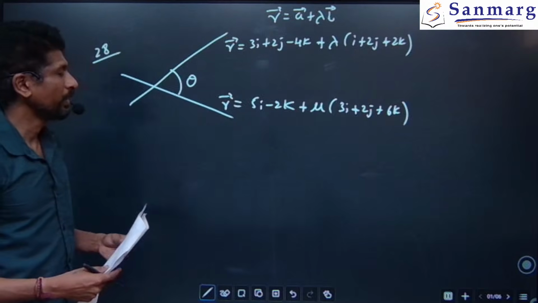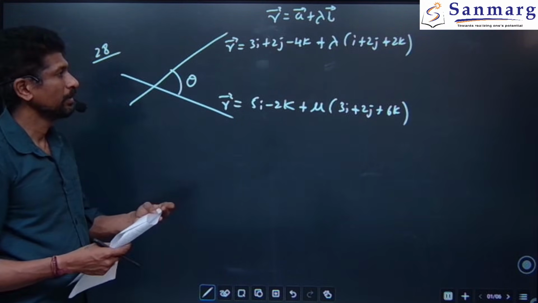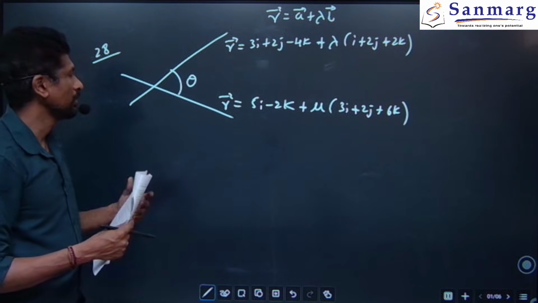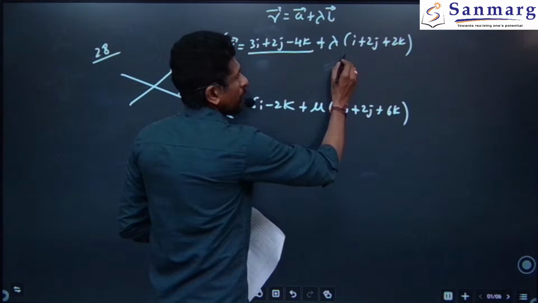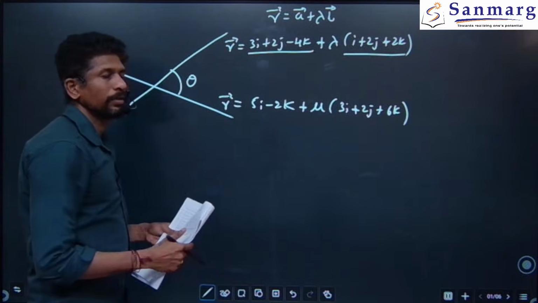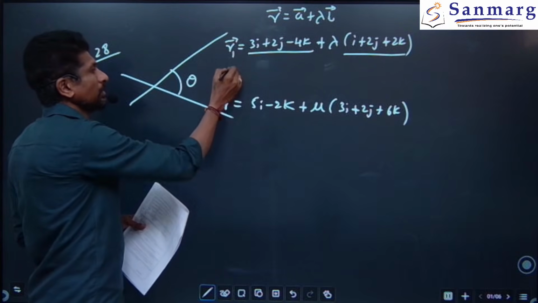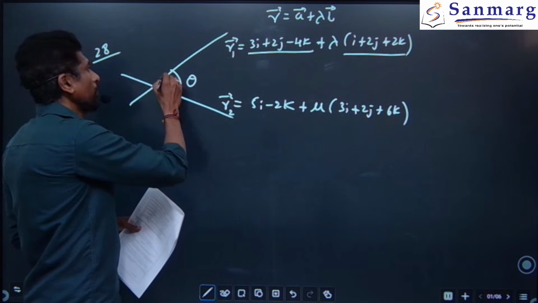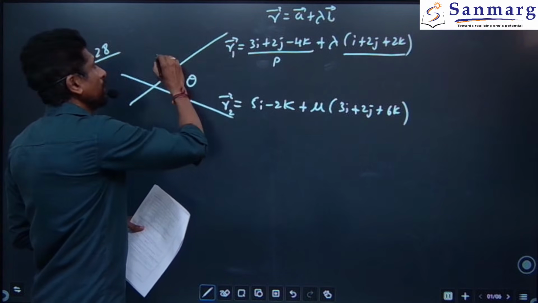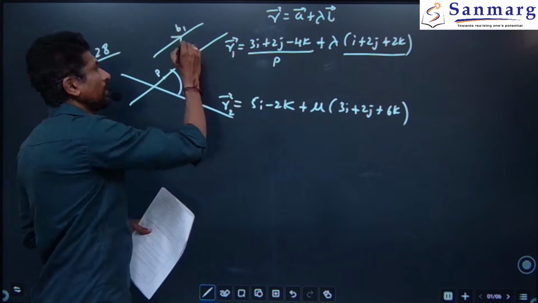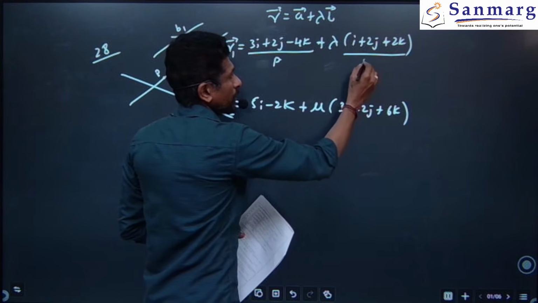So finding the angle between the two lines, there is always a point on the line, and the line is parallel to its direction vector. This is r1, and this is r2. The point given is P, the a1 point, and this is the b1 vector.